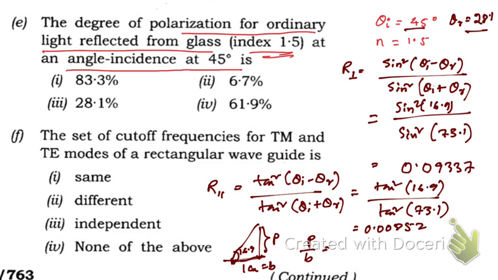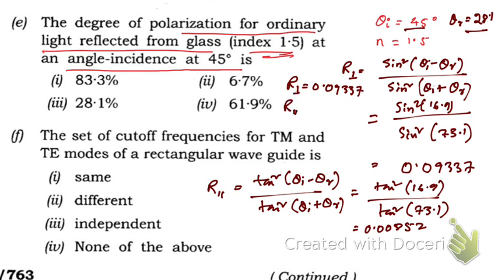0.00852. Okay, so now for this polarization, we have got r perpendicular, that is 0.09337, and r parallel, that is 0.00852. Okay, now let me clean these things.